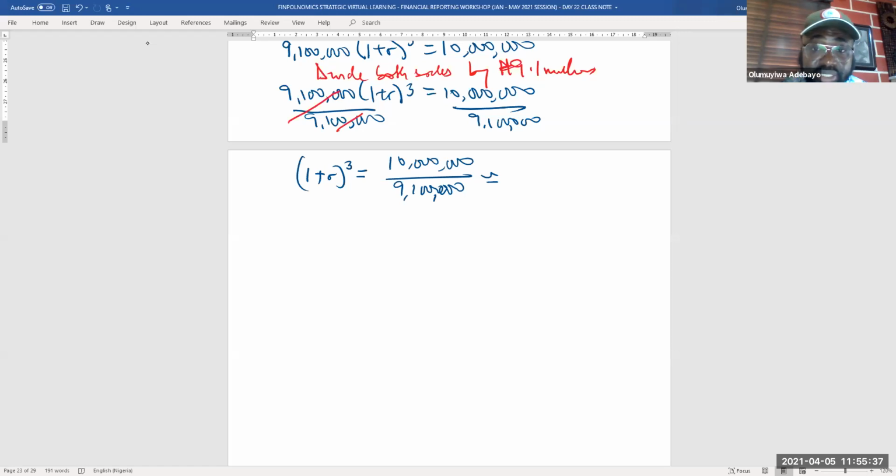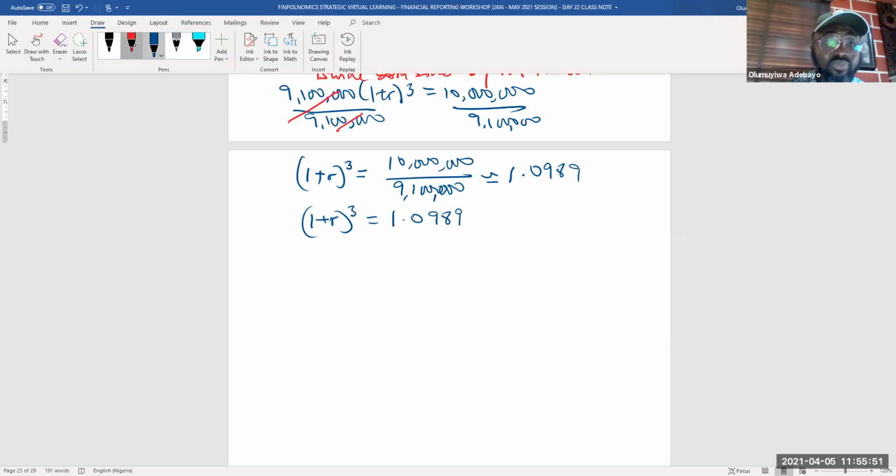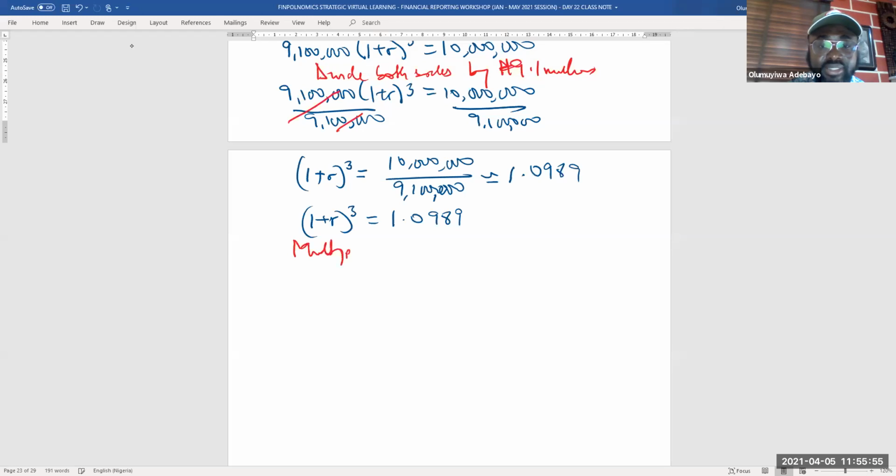That gives me approximately 1.0989, which then means that 1 plus R raised to the power 3 equals 1.0989. Now, what can I do? I can raise both sides to the power of what?